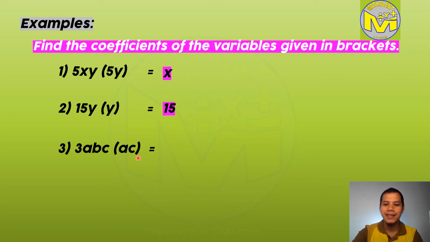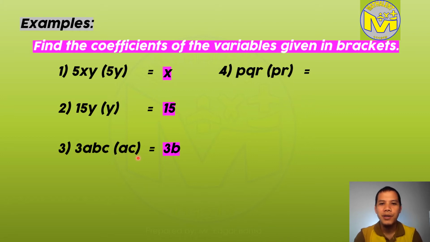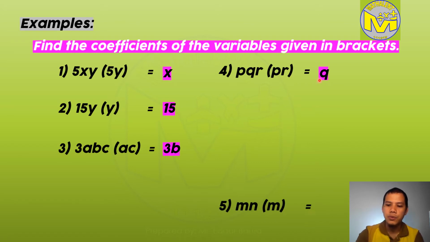Answer, it is 3b. Good. Number 4, pqr. The variable is pr. In here, p and r. Put pr in the bracket. What is left? q, right? So the coefficient of pr is q.